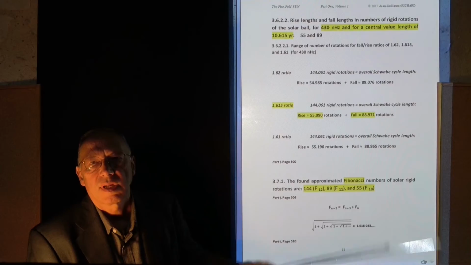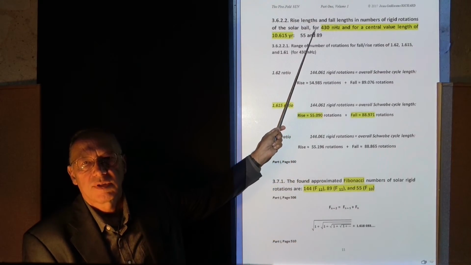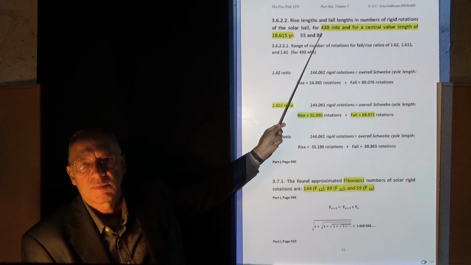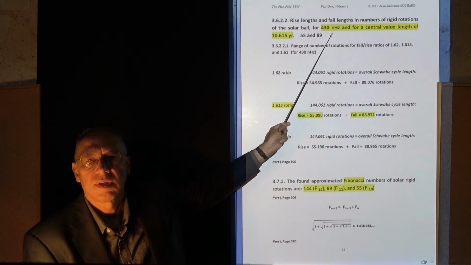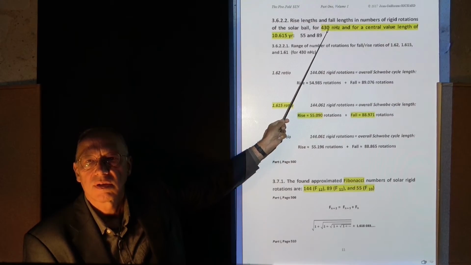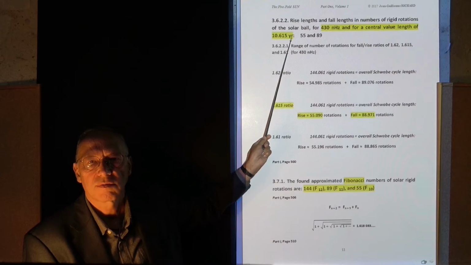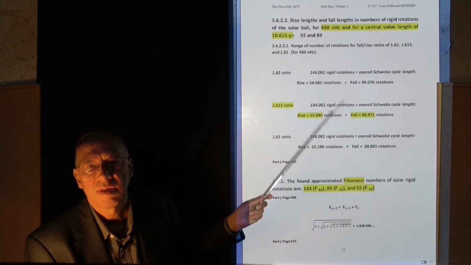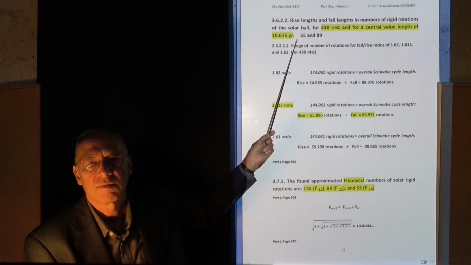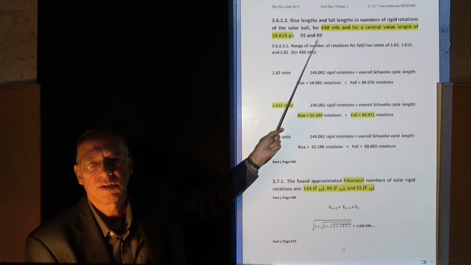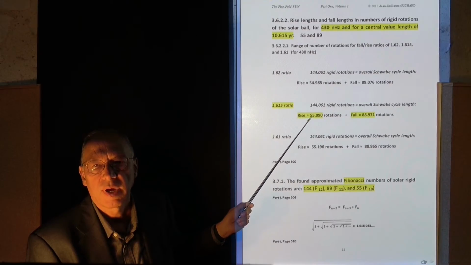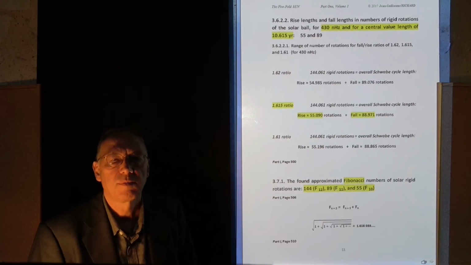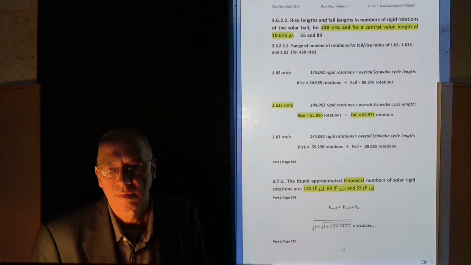If we now look at the number of rigid body rotations for the same assumption for the rigid body rotation and for the retained central value of the cycle, we find that these are 55 rotations and 89 rotations, plus or minus up to 0.1 rotation.